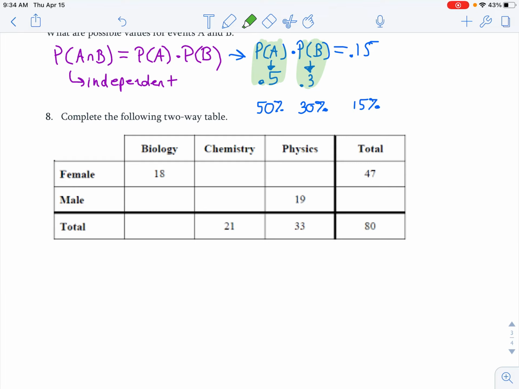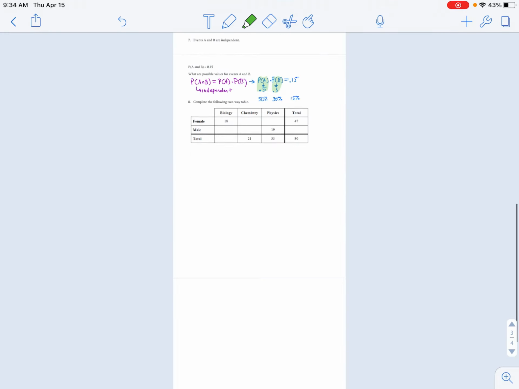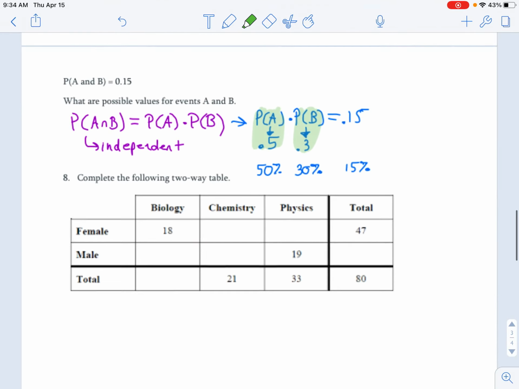All right, this one right here, all we're going to do is complete the two-way table, and then we're done. Remember, it's just a bunch of addition and subtraction. In theory, I could start in either of these blue cells. I'm going to be very tedious here and make sure I check my work.